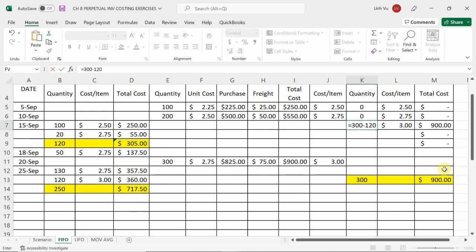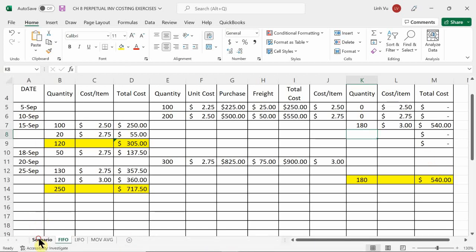So how much should I have left? I should have 180 left. Okay. 180 times 3 will give you 540. If you take 900, subtract the 360, you should get the same number, right? 540.